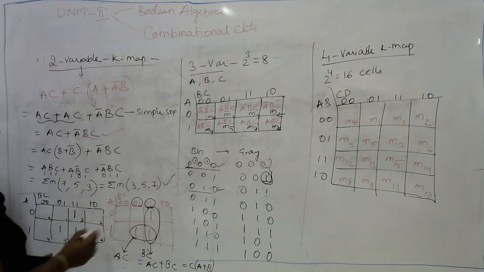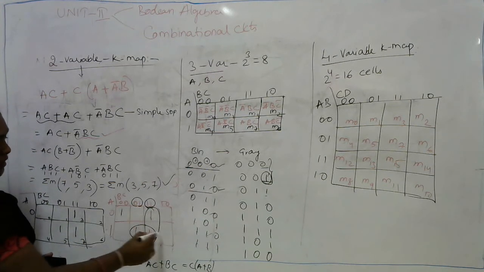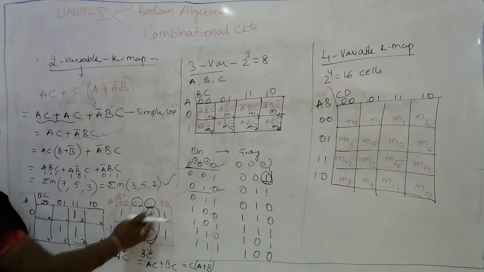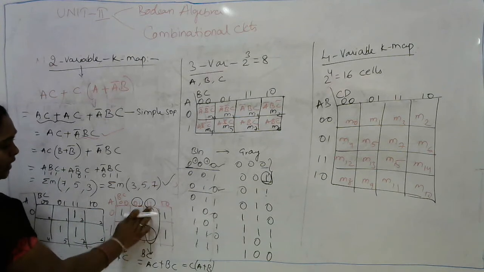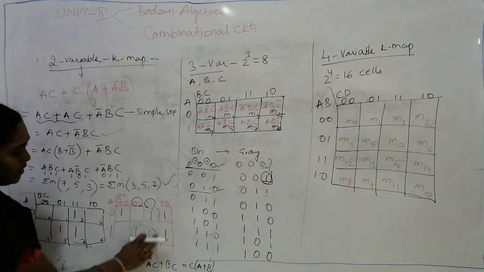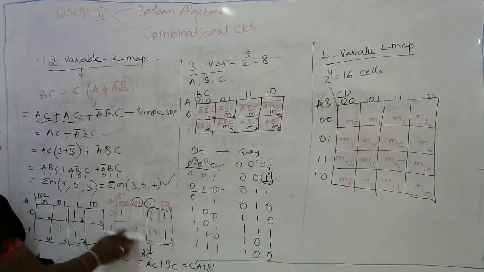Now let me take the minterms, whatever minterms I have written, in this way. So here I am having the ones in this way. So here instead of pairing like this, what I need to do over here is, as I am having ones at this position, I need to make this a quad. After making it a quad, two are left over.